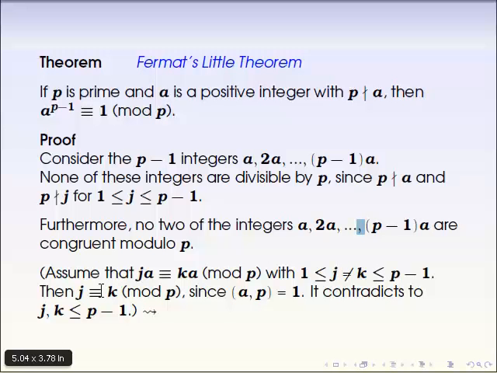Then j and k should be congruent, because a is relatively prime with p, and that contradicts our fact. So if you choose j, then k must be a certain number greater than p. So there are no congruent numbers in there.